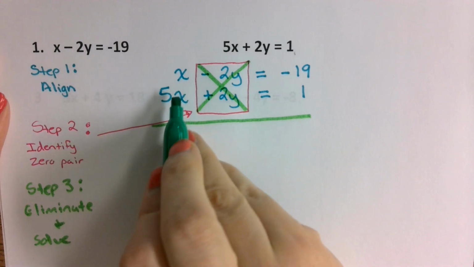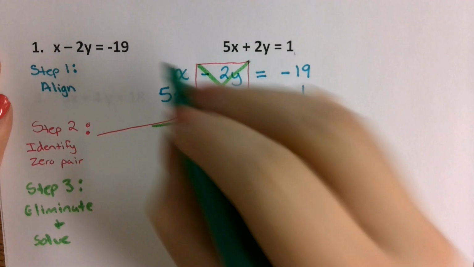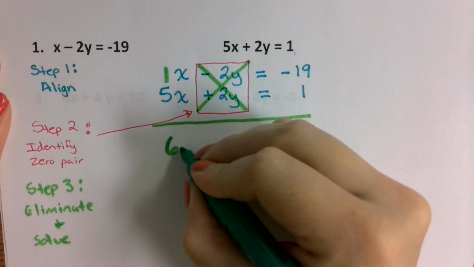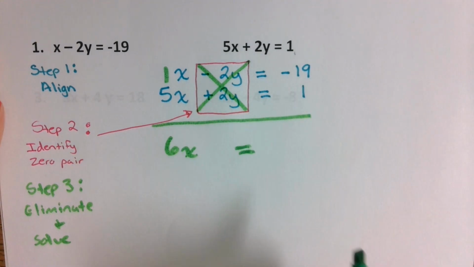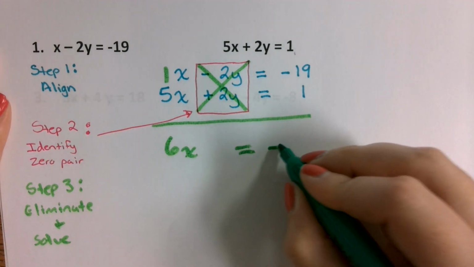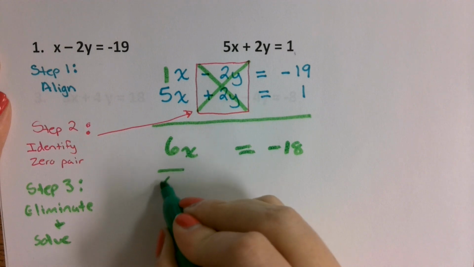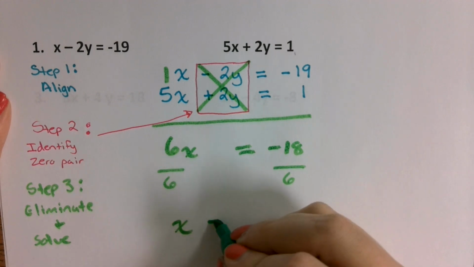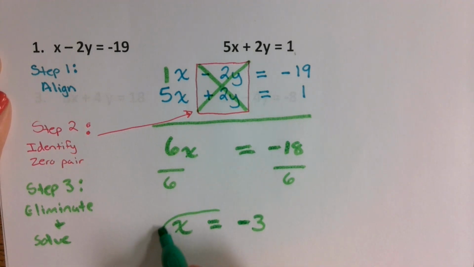What is x and 5x combined together going to create? 6x, because there's a positive 1 in front of that x. So that means I'm going to have 6x is equal to, what is negative 19 and a positive 1 going to equal? Negative 18. Now in order for me to solve this, I have to divide both sides by a positive 6, and I'm going to get that x is equal to negative 3. So I have my value for x.